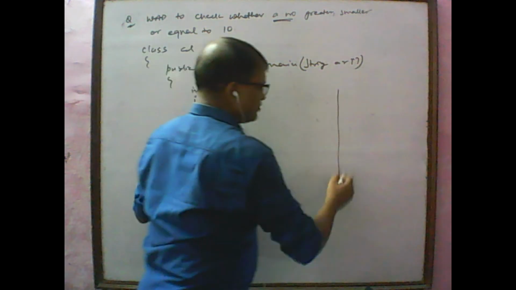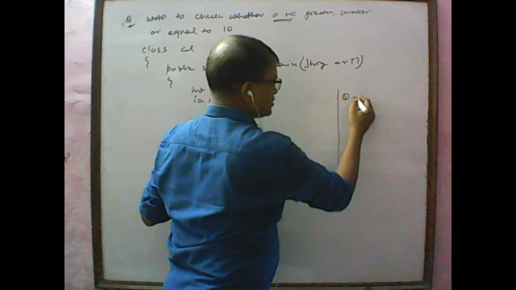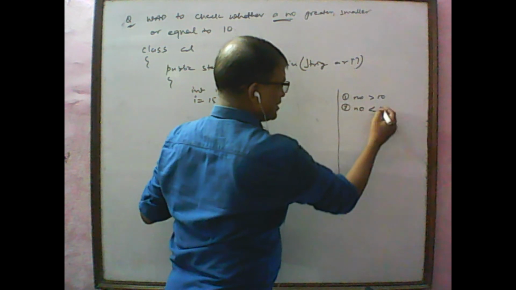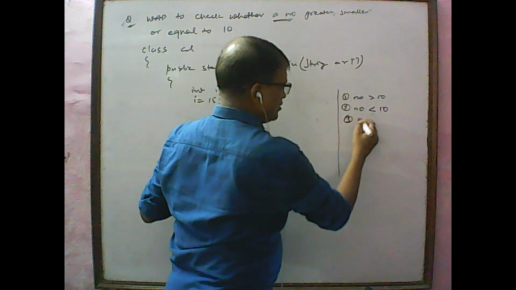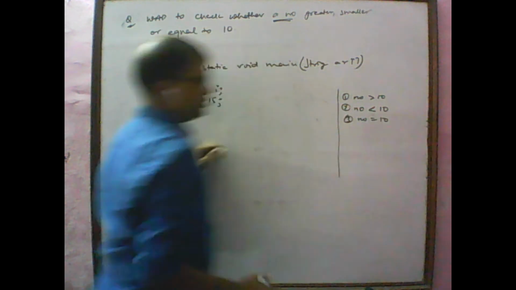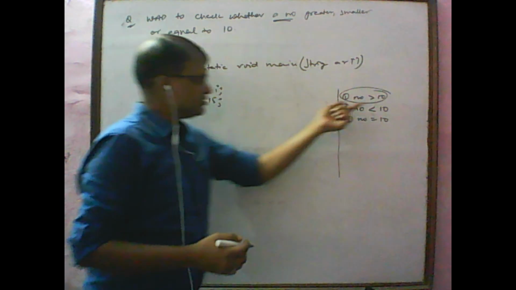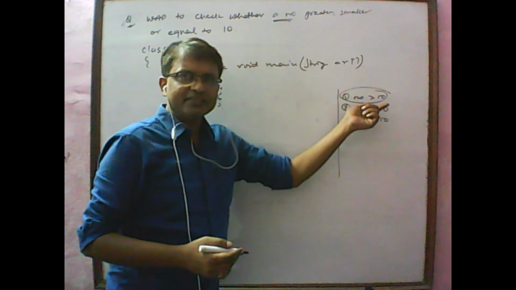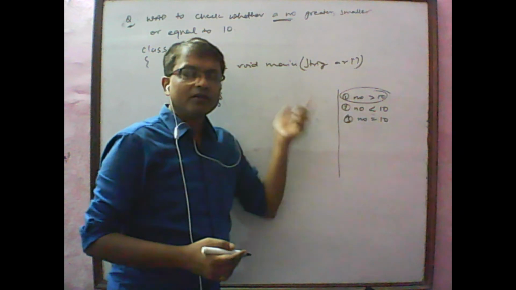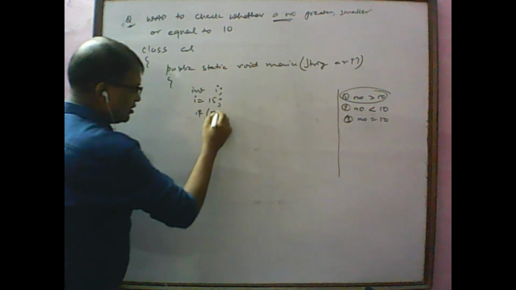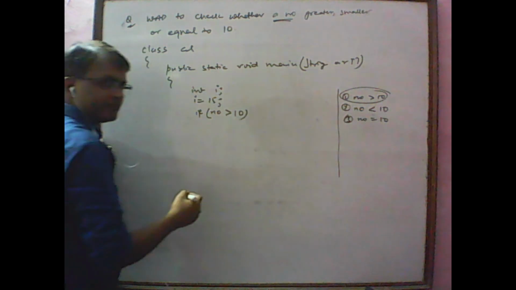Now we have to check. We have three different situations. First situation, number greater than 10. Second situation, number less than 10. And third situation, number equal to 10. So let's discuss the first situation: number greater than 10. How will you write it in your programming? This will be checked as if i greater than 10.